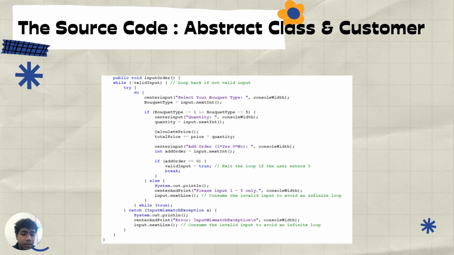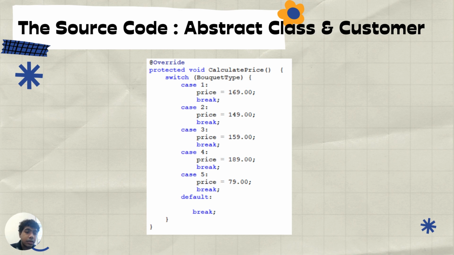So onto the next method, which is the calculate price method. This calculate price method is a protected method, and it also overrides the abstract class which Amos discussed before this. And this method has the price of each of the bouquets.